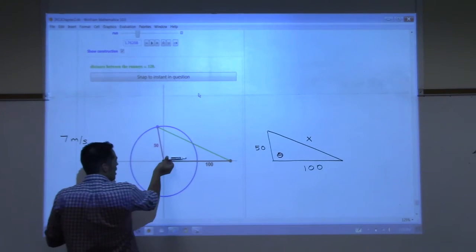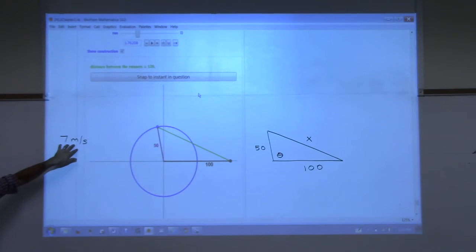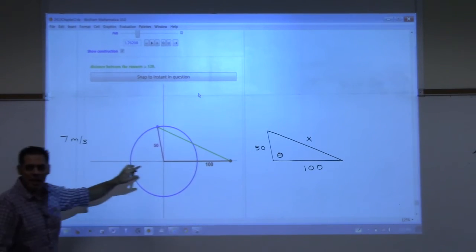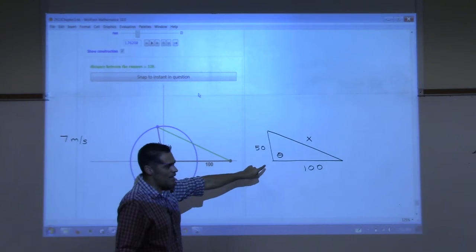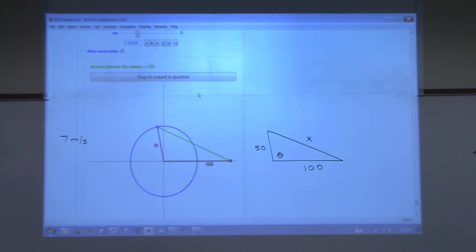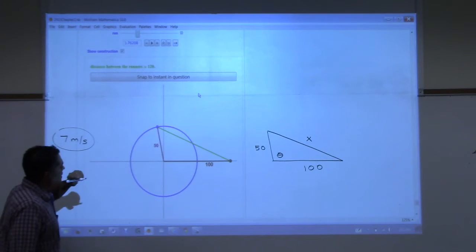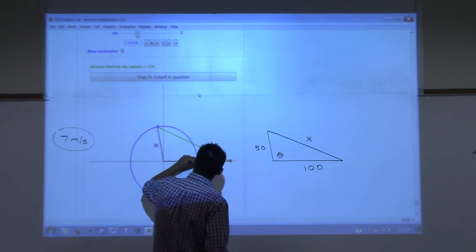That angle changes as the runner moves. So if I'm given a linear speed, can't I change that into an angular speed? Yes. We did that in the very beginning of the semester. So let's see if we can figure out the angular speed of this runner. So 7 meters per second, what is the circumference?